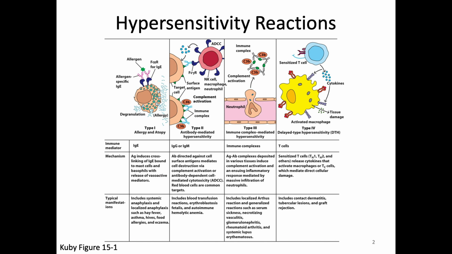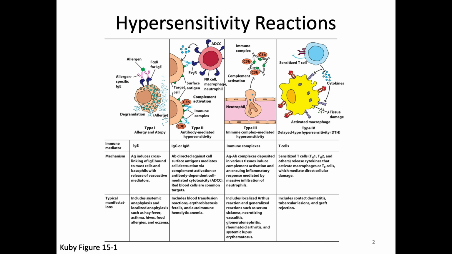There are 4 big types of hypersensitivity reactions. Very creatively named types 1, 2, 3, and 4. And we talked through types 1 and 2 last time. If you remember, type 1 is mediated by IgE and mast cells and leads to mast cell degranulation, while type 2 is mediated by antibodies of either the IgG or IgM isotype.